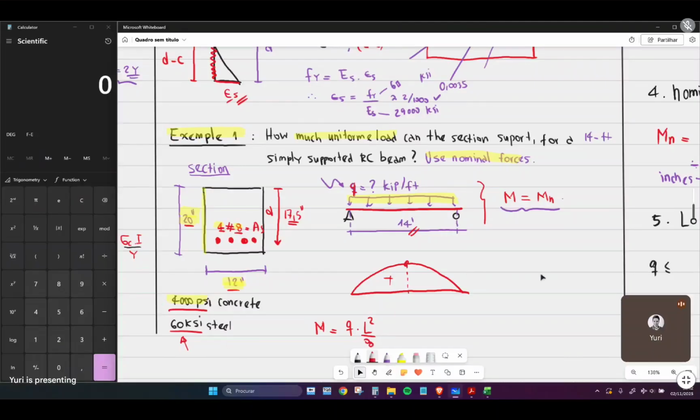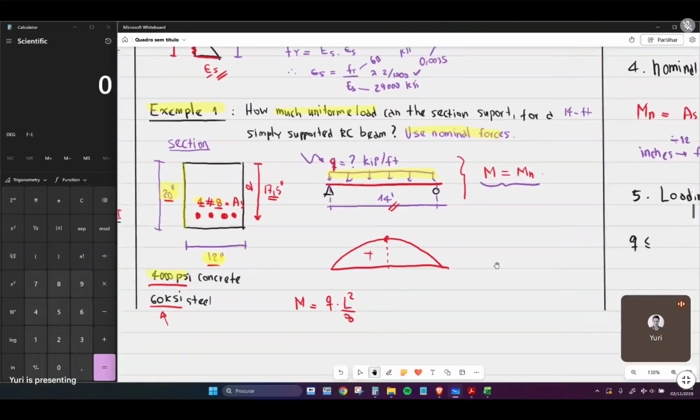Okay, so the main idea of the exercise is we are going to say that the bending moment acting on the beam is going to be equal to or smaller than the nominal resisting moment. So theoretically speaking, we're just going to do this.